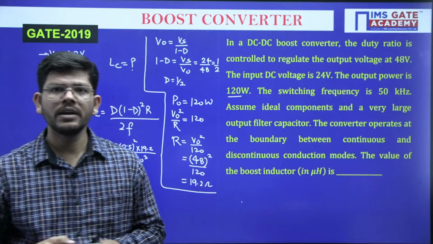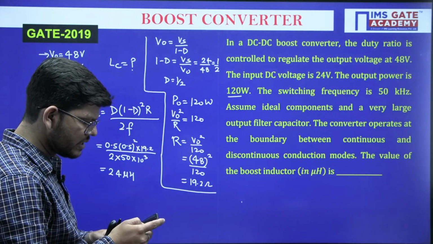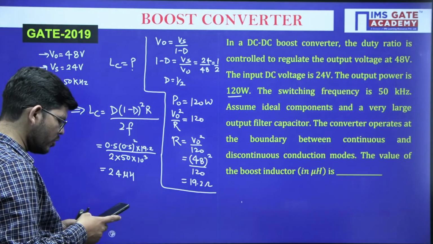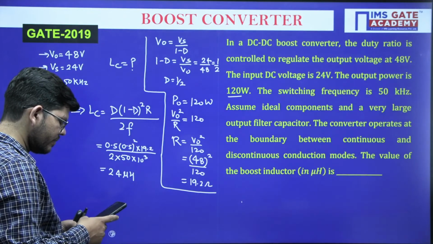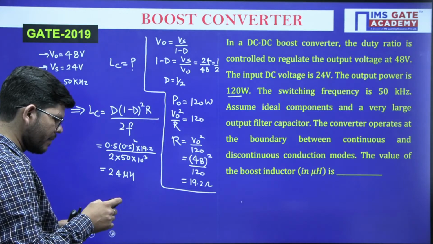Let me check. Let us solve this equation, guys, and just check whether we are getting this answer. So what do we have? We have 0.5. Just have a look whether we are getting the same answer.